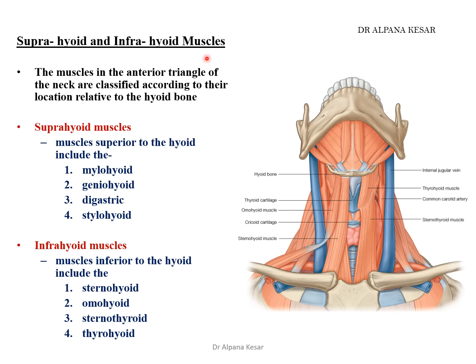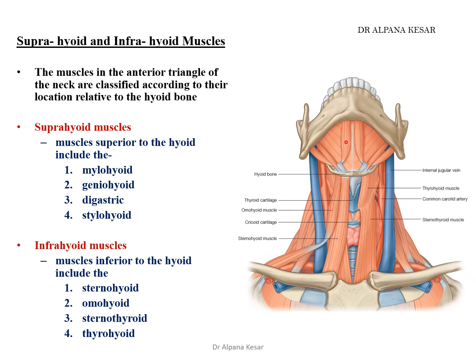Suprahyoid and infrahyoid muscles. Muscles that are present in the anterior triangle are classified into two according to their location relative to the hyoid bone. Muscles which are present above the hyoid bone are called suprahyoid muscles, and muscles which are present below the hyoid bone are called infrahyoid muscles.